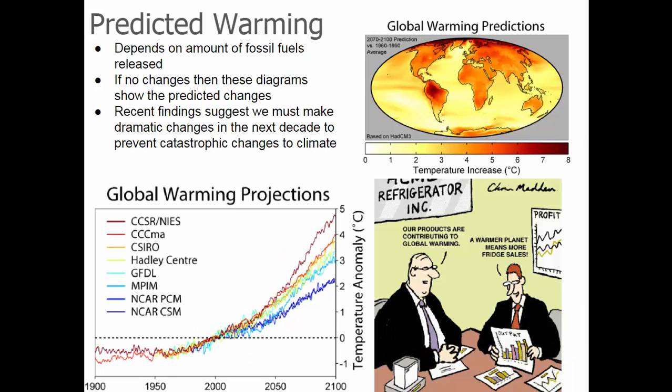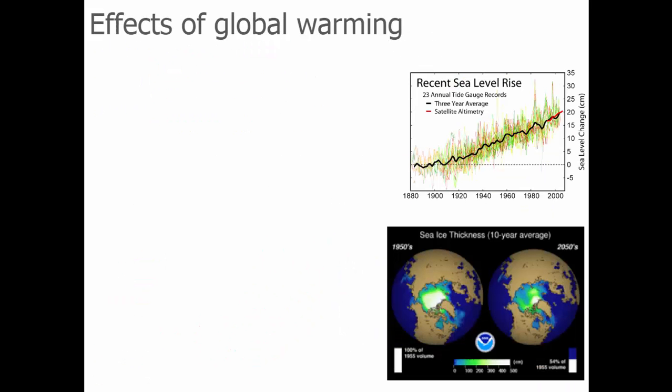So, what happens when the Earth gets warmer? Well, a lot of things. One of the most obvious things is that glaciers melt. We know that in the Arctic, we have glaciers. In the Antarctic, we have glaciers. We have ice caps. And as the Earth gets warmer, those things melt.